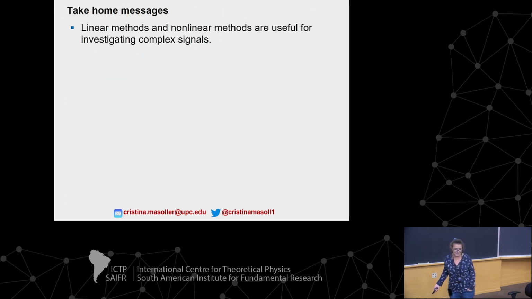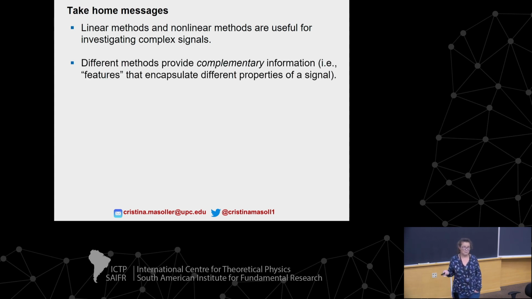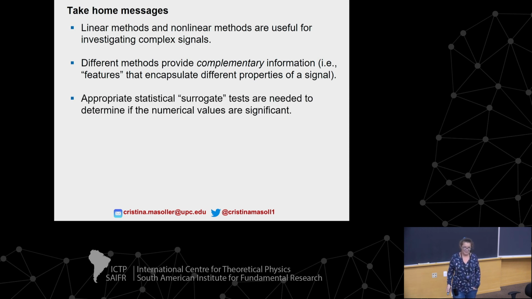So basically, to conclude, linear and nonlinear methods are all useful. They provide complementary information. They provide different features which encapsulate different properties. In any case, you need to filter what is not useful.